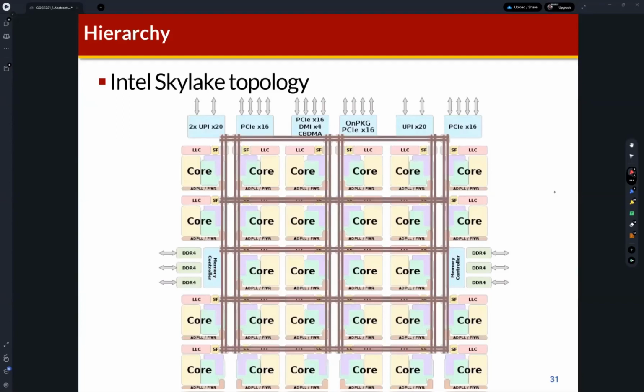The Intel server CPU includes the cores, and you can also find interfaces like UPI and PCIe, and some other interfaces. Also, you can find the memory controllers and the DDR channels, the DDR interfaces.